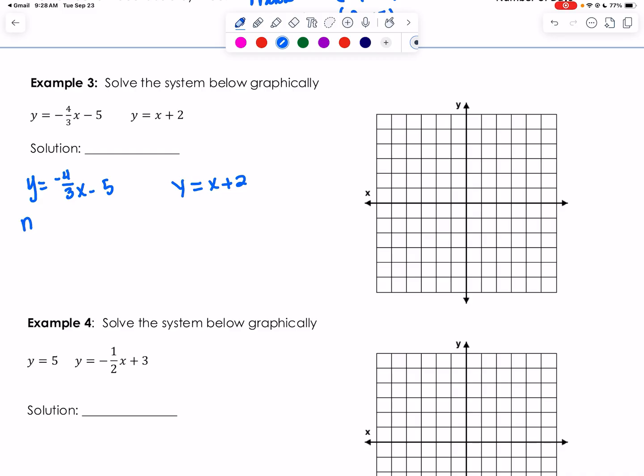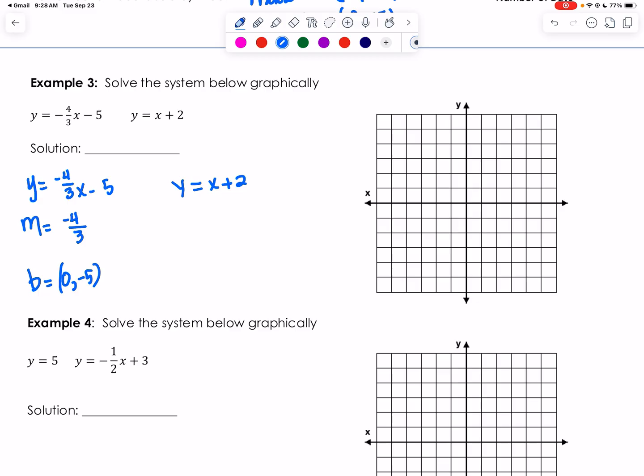So for our first equation, we have a slope of -4 over 3, and we have a y-intercept of 0, -5. Now, when you are trying to solve a system by graphing, and you graph your line, you want to put as many points as possible on that line on the graph to make your sketch as accurate as possible.